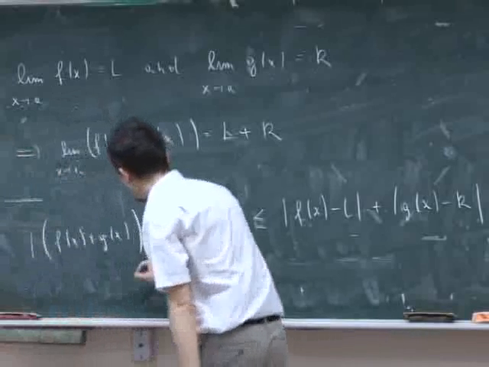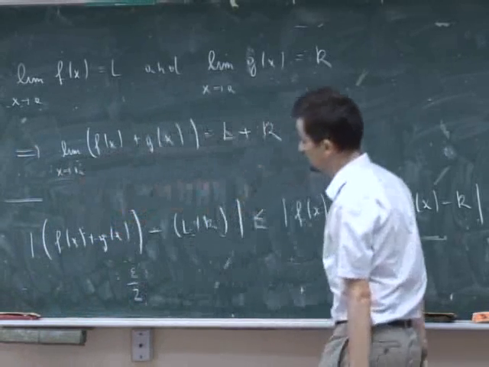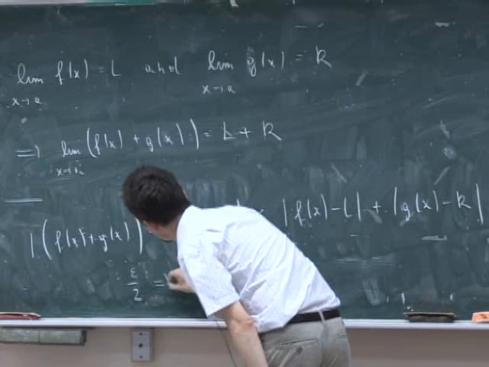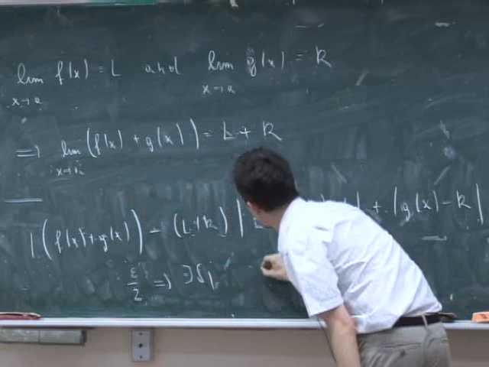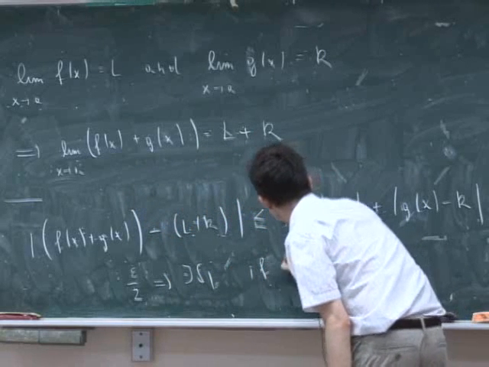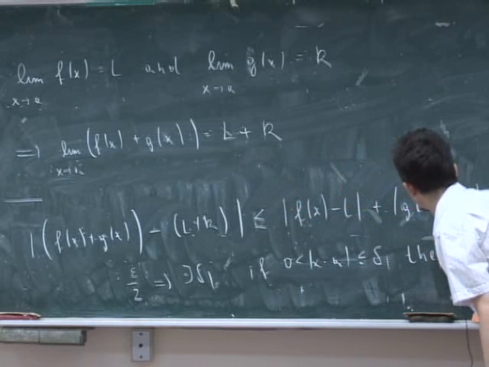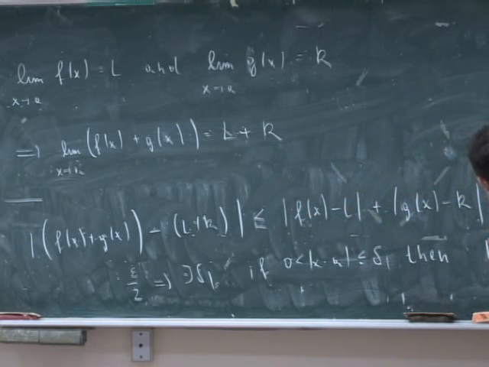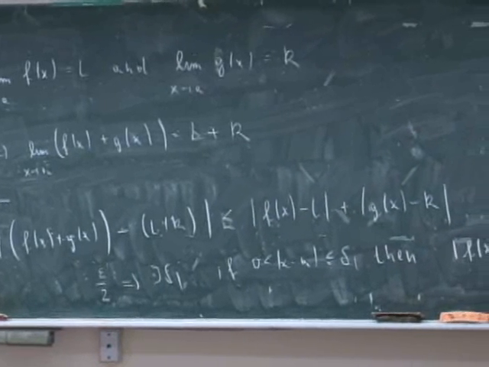So if we look at epsilon half, there will exist a delta 1 such that if the distance between x and a is smaller or equal than delta 1, then the distance between f of x and L will be smaller or equal than epsilon half.